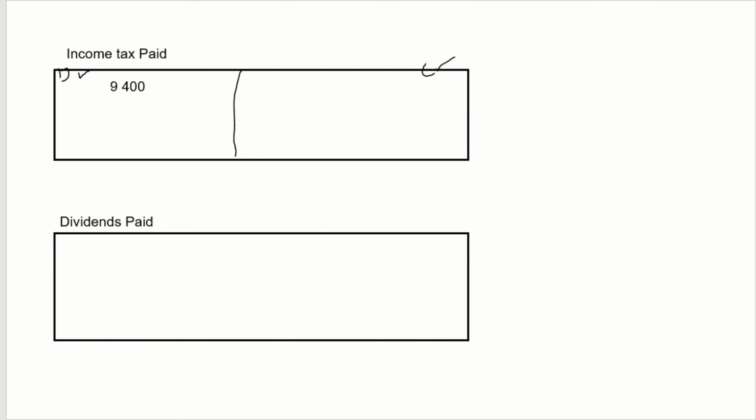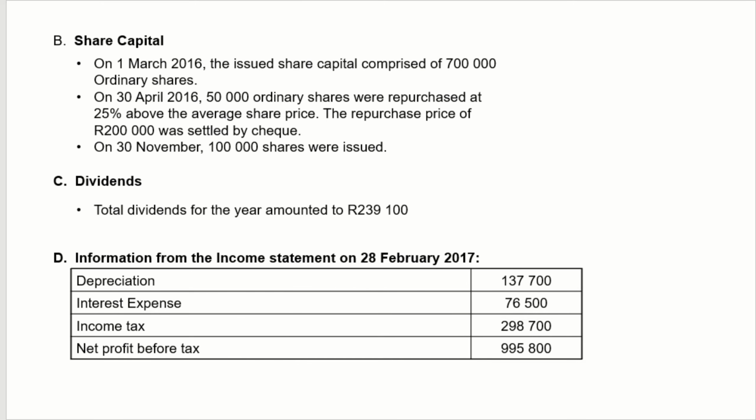Then we're going to go on to the SARS income tax that is found in the income statement. The income tax found in the income statement is 298,700 rands. So this amount, please hear me, you take it as it is.